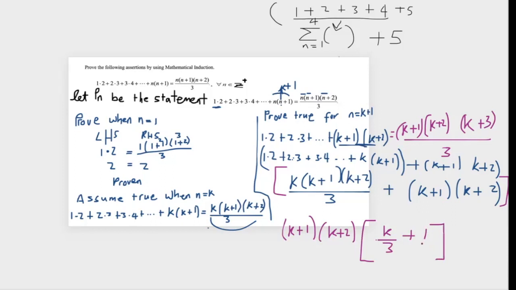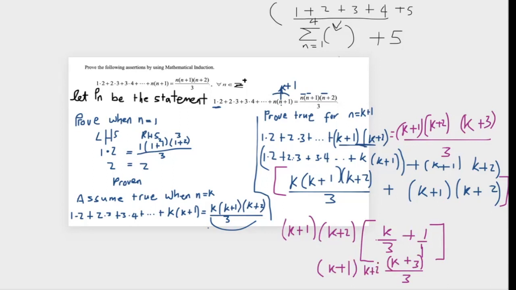So simplifying this, put this as 1 over 1. So the LCM is 3. So 3 into itself goes 1 time. So 1 times k is k. Plus 1 into 3 goes 3 times. So 3 times 1 is 3. And then we have the k plus 1 and the k plus 2.